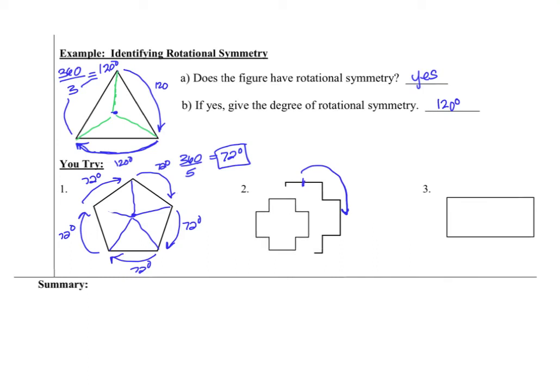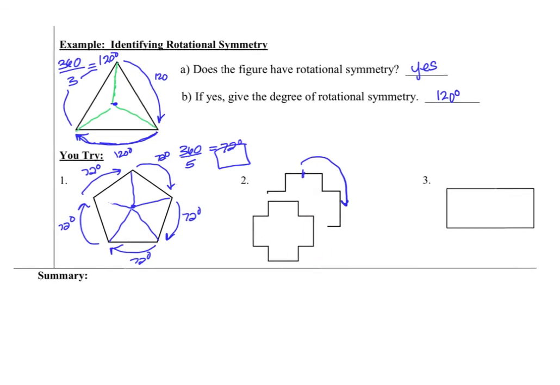So this one's going to be a little different because I'm not going to be counting these vertices like we did in the last two examples. Because if I just rotate it a little bit, it won't map exactly onto itself. So it's like we're trying to make this side match this side over here.